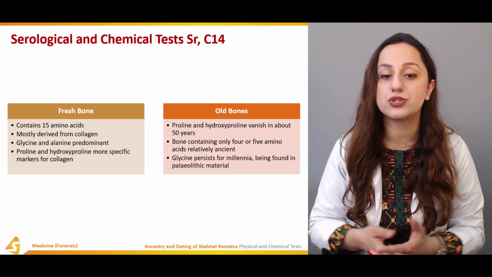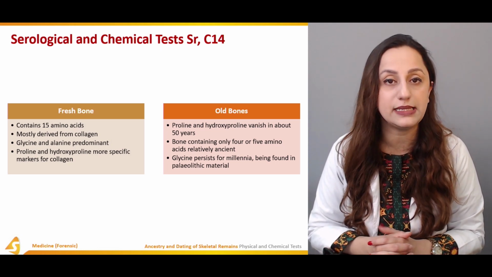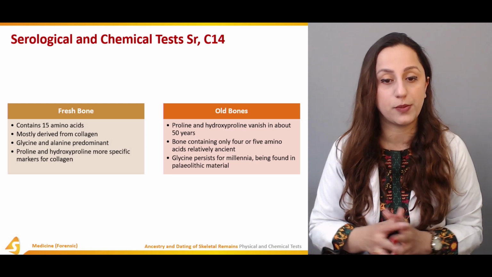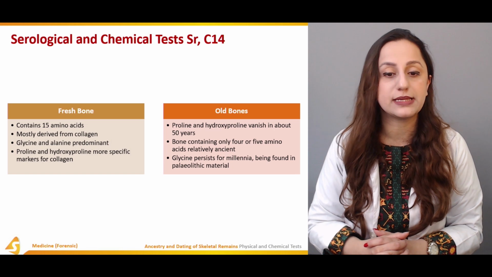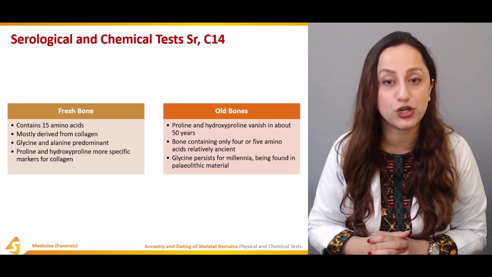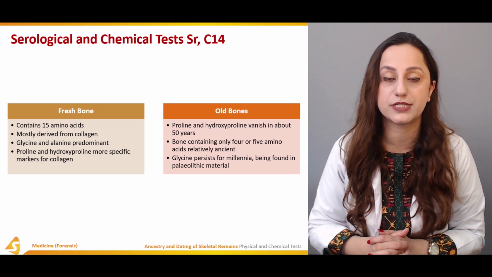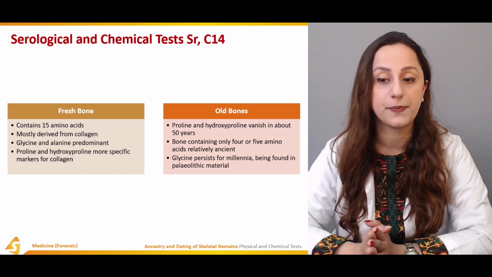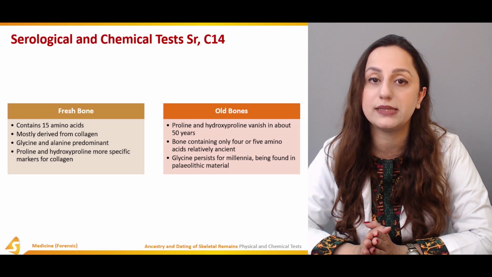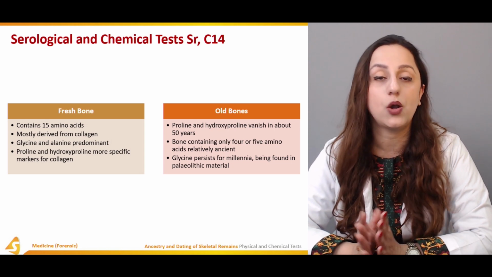The older bones, on the other hand, contain glycine and alanine predominantly. When we talk about the fresher bones, it's basically the proline and the hydroxyproline, more specific markers for the collagen, and the glycine persists for millennia, being found in Paleolithic material in the older bones.